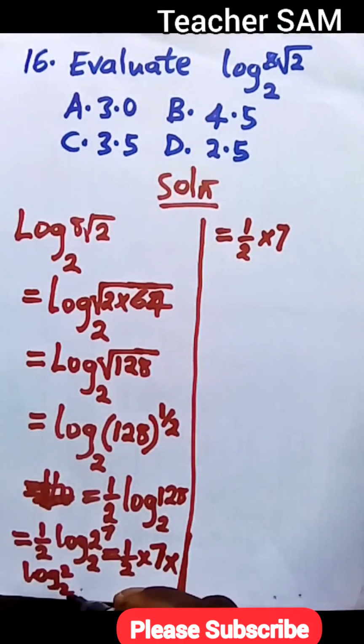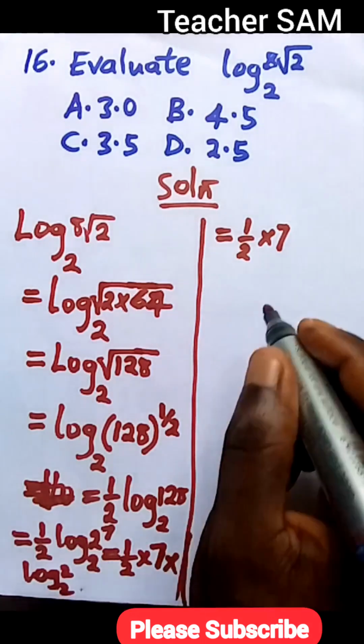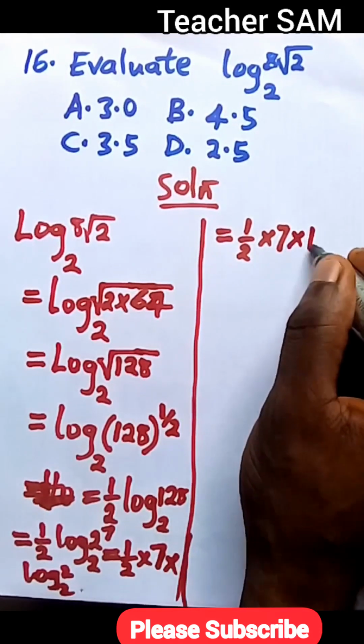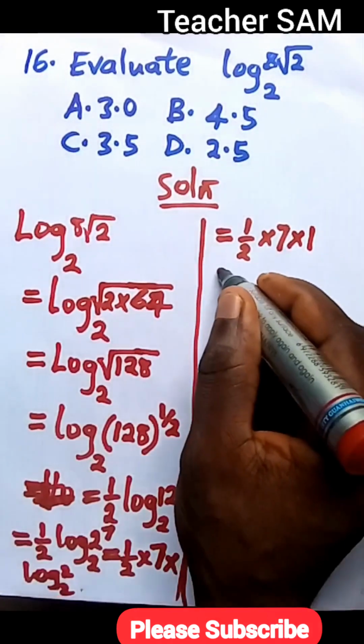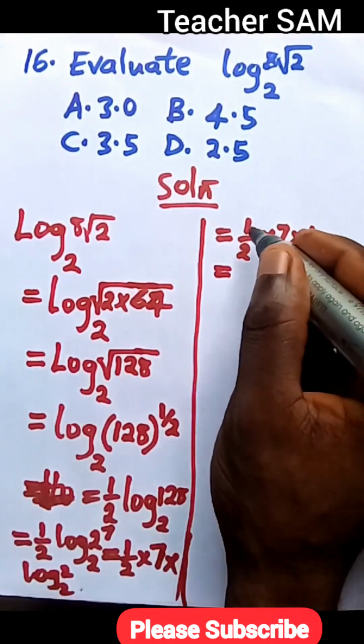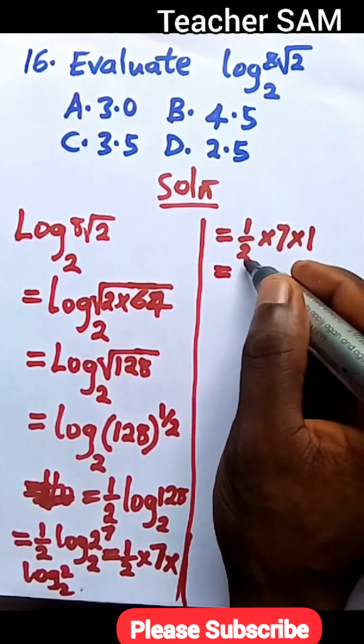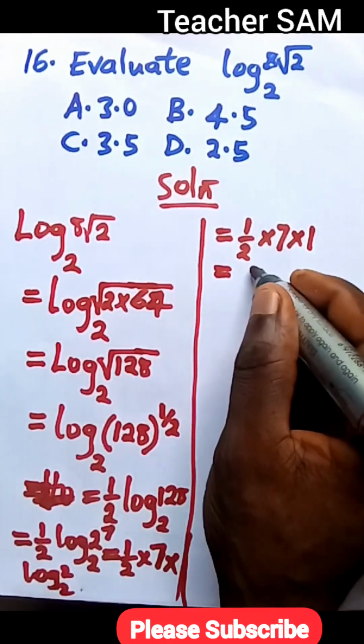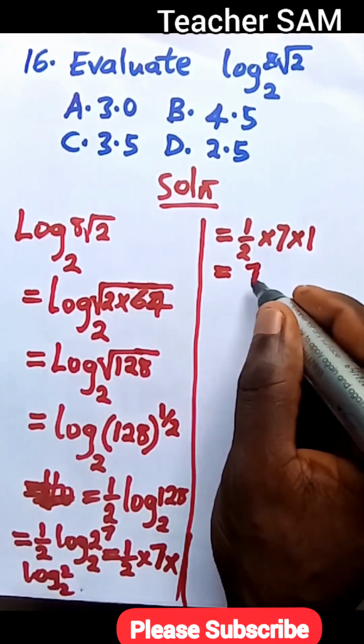Also, we have a law that when the log and the base are the same value, as in log 2 to base 2, the answer will always be 1. So log 2 to base 2 is 1. So 1 over 2 times 7 times 1 gives us 7 over 2.